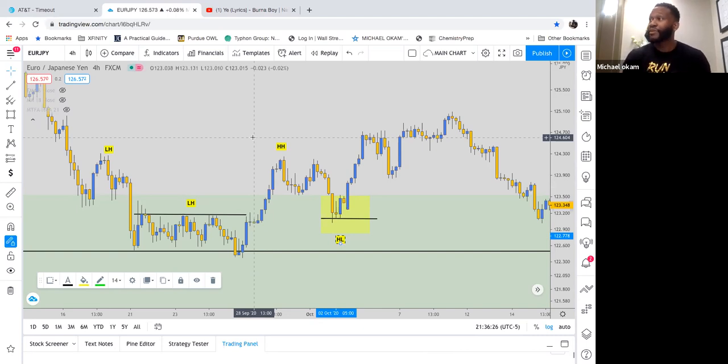Yeah. Repeat that one time. Okay. So when you've identified your market structure in the 4-hour time frame, if you know where you're at in terms of structure, you want to go down to the 30-minute time frame to look for your entry. If you identify your market structure from the 1-hour time frame, you want to go to the 15-minute time frame to look for your entry. Okay.